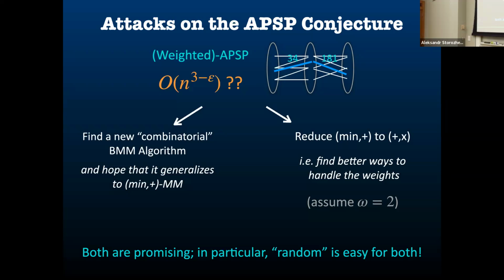And yes, the random case is easy for both directions, in the sense that if the graph was unweighted and random, you can solve the problem so easily in combinatorial ways. And also here, if you had weights and they were random weights, then you can basically solve the problem again.